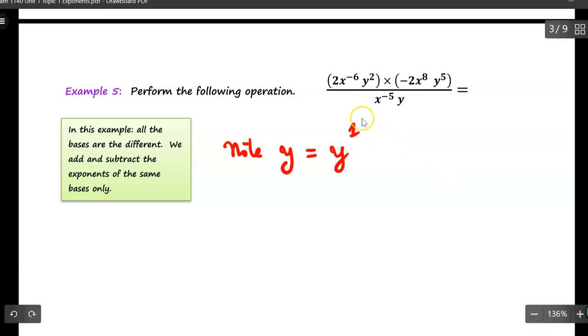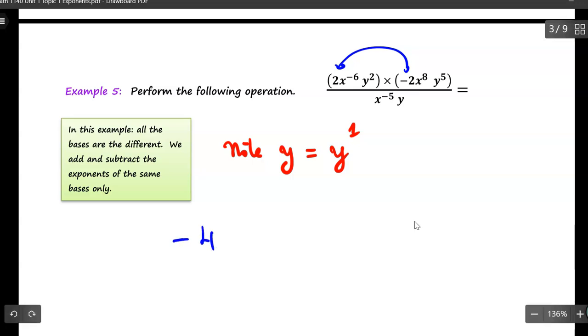The 1 is the invisible one in this case. It's not 0. 0 is totally different. Anything raised to the exponent 1 is itself again. I don't write the 1 here because we have to understand that this is y raised to the exponent 1. Again, you are going to multiply the 2 coefficients together because it's a multiplication. So 2 times negative 2 will give me a negative 4.